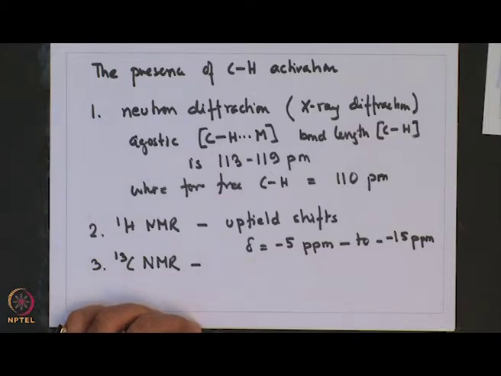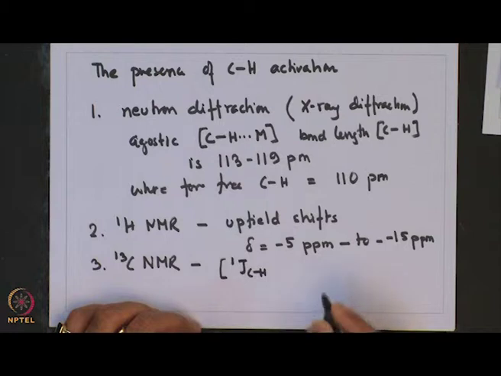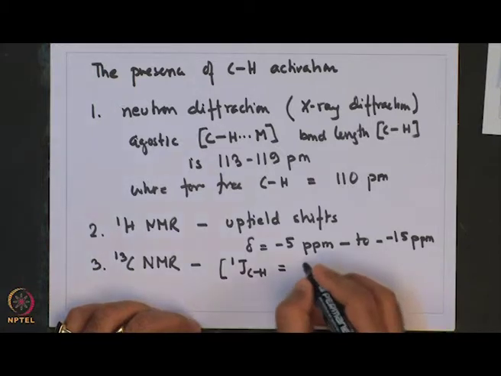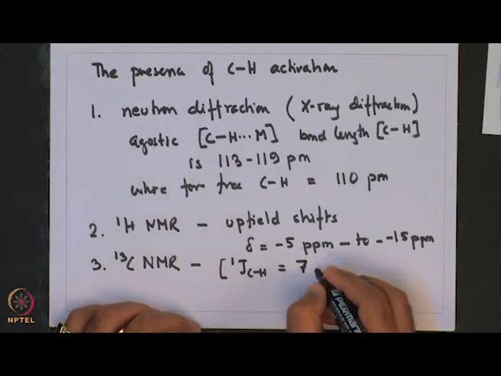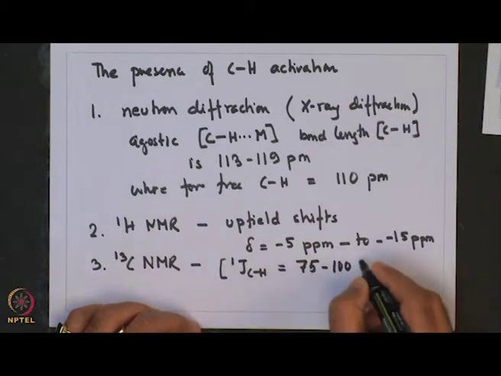As mentioned earlier, agostic interaction leads to weakening in the CH bond, which results in lowering of the coupling constants, and that can be observed in carbon 13 NMR, where the 1J CH coupling constant, the reduced coupling constant, can be something around 75 to 100 hertz.